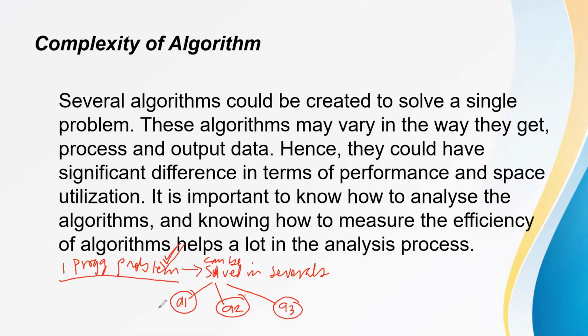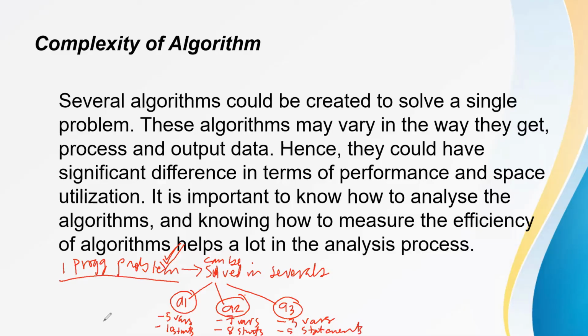Maybe A1 has 5 variables and 10 instructions or statements, and maybe the second algorithm makes use of 7 variables and has 8 statements. And maybe the third has 3 variables only and 5 statements to be executed. Okay, now this is possible, right?